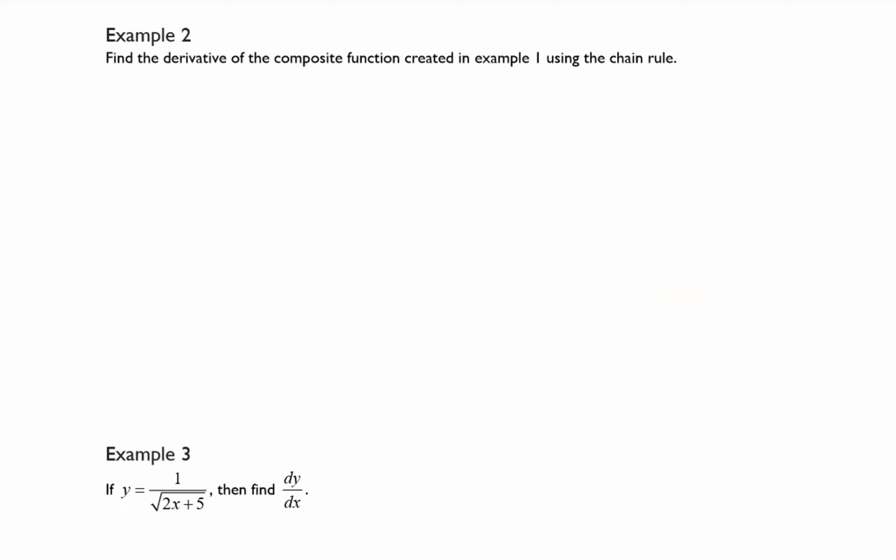Example 2 says find the derivative of the composite function created in example 1 using the chain rule. So let's remind ourselves the function that we found was f composed with g of x equal to 7 times (4x minus 1) squared.